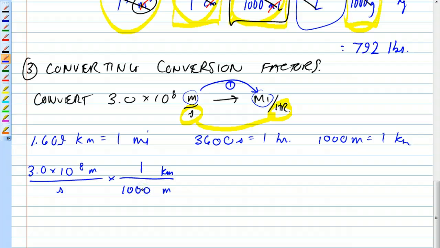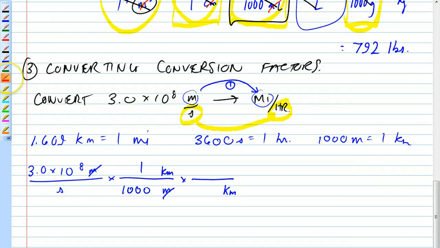Again, make sure you don't switch these. It would be a very common mistake to write 1,000 kilometers over 1 meter. So you might want to check yourself on that when you're done. Look back, make sure you've got the right numbers in there. This cancels meters. Now I have kilometers. So the next conversion factor is going to have kilometers down below.